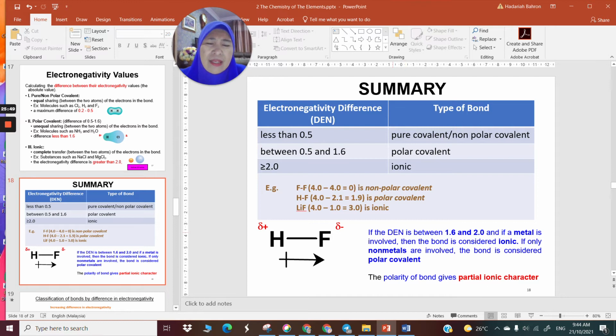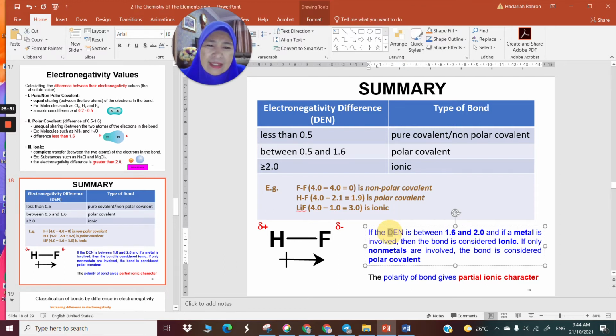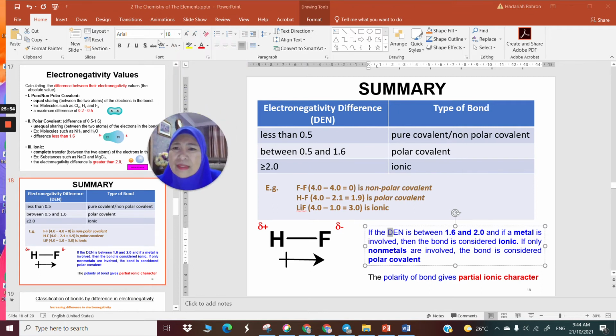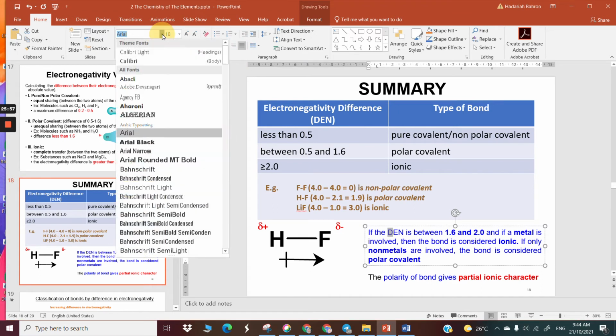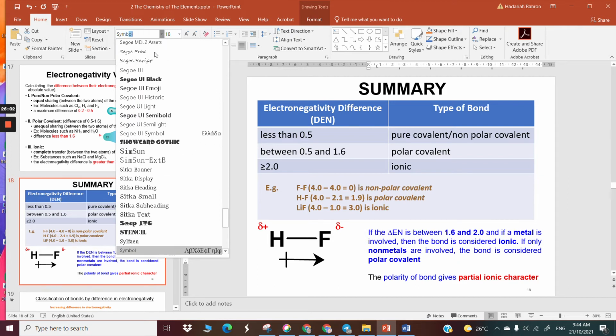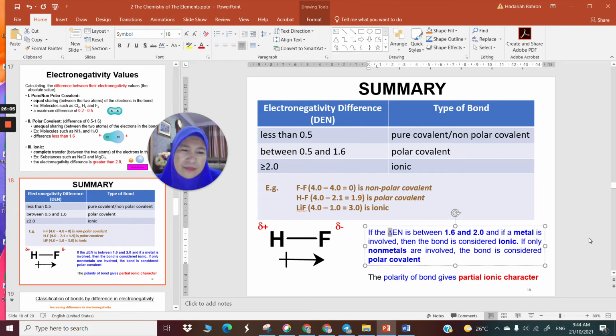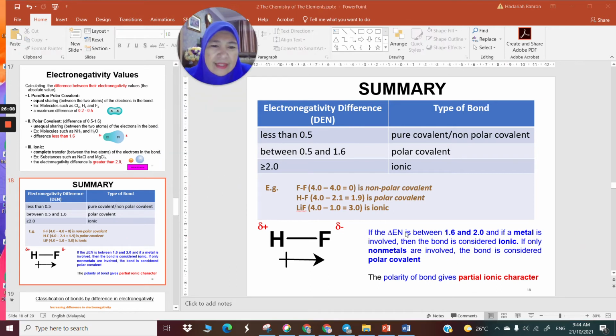If the delta of electronegativity is between 1.6 and 2, and if a metal is involved, then it is considered ionic. But if both elements bonded to each other are non-metals, then they are said to be polar covalent.